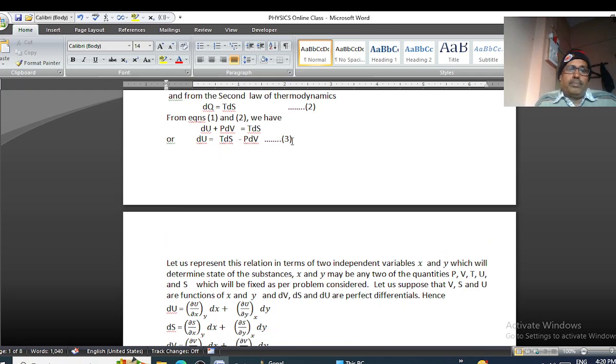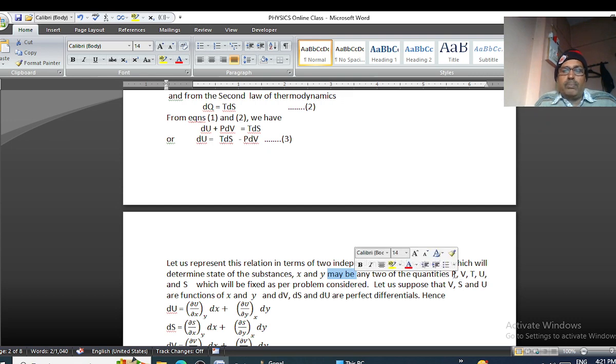In equation 3, u is internal energy, s is entropy, and v is volume. So this is du, tds, pdv. Here we represent this relation in terms of two independent variables x and y, which will determine the state of the substance. Whether we want to represent u, s or v, x and y may be any two of the quantities p, v, t, u, s.